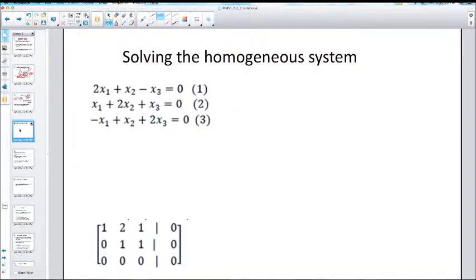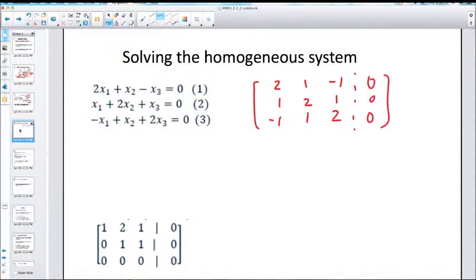But still, let's do it by the Gauss-Jordan algorithm. Step 1, we write this coefficient matrix. And we write 0 on the right hand side of this straight line.